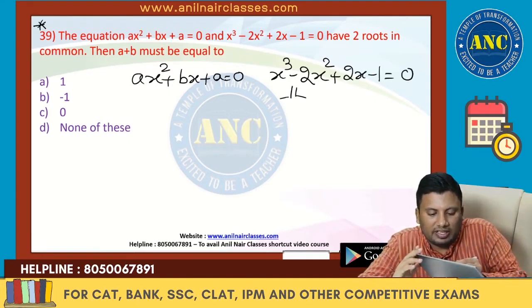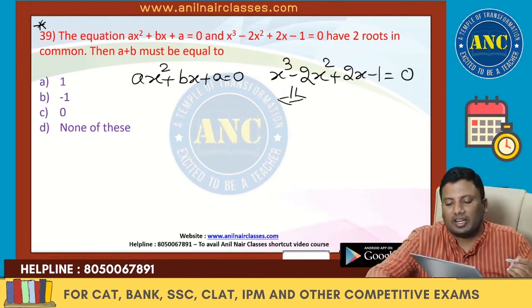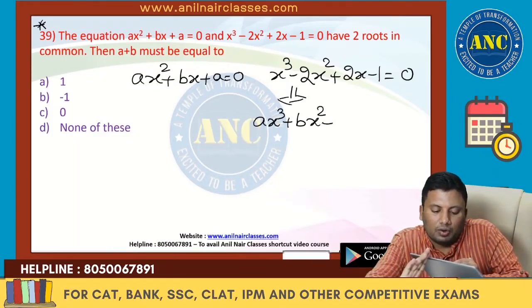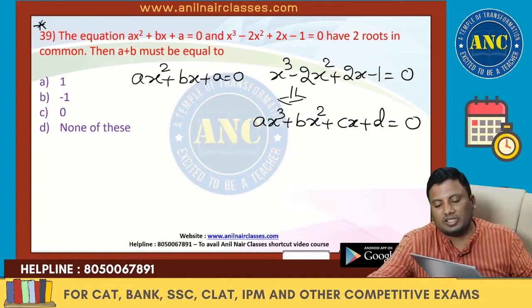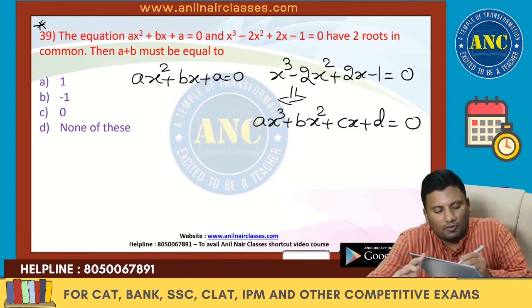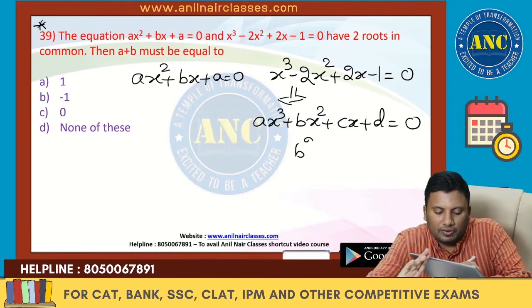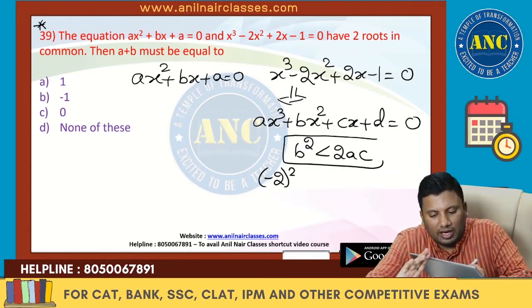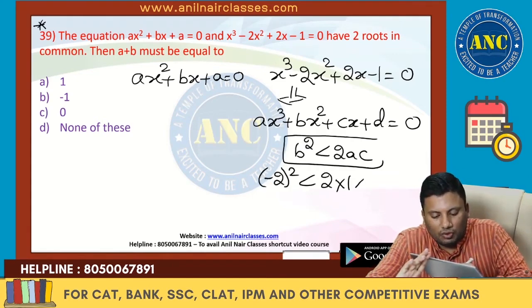What is that we discussed? First we will see whether this equation has got imaginary roots or all real roots. ax cube plus bx square plus cx plus d equivalent to 0. What is the condition? b square less than 2ac. Minus 2 square is less than 2 into 1 into 2.